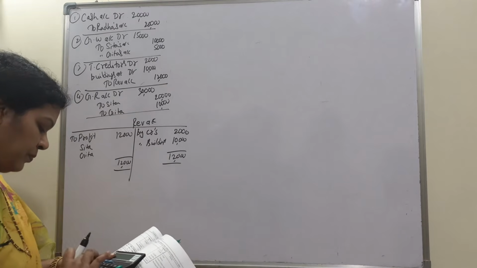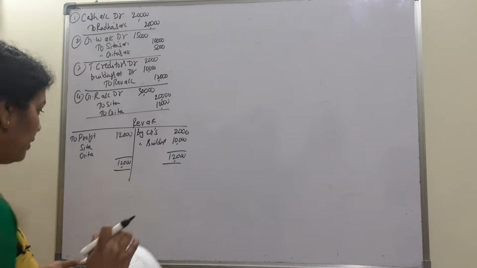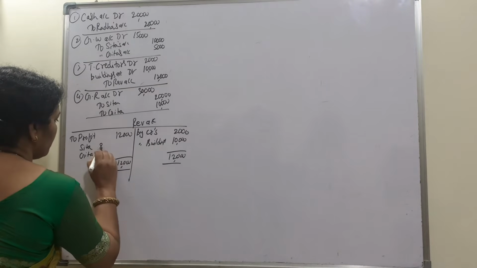12,000 divided in the ratio 2:1 gives 8,000 and 4,000.